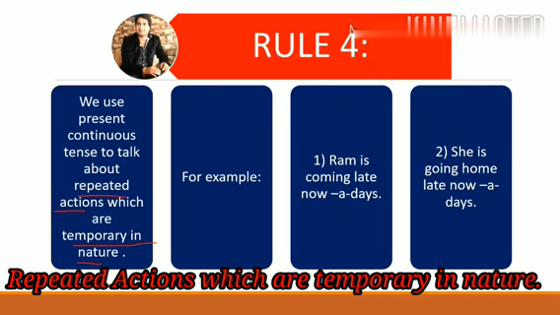For example, Ram is coming late nowadays. Nowadays is a time expression showing that Ram is coming late only these days. It means it is not his habit. This action is only temporary. And in another example, she is going home late nowadays. In this way, if there is a repeated action of permanent nature, then you can make use of present simple instead of present continuous.